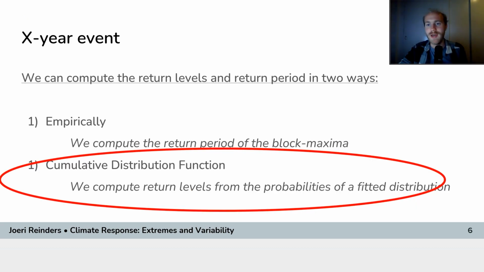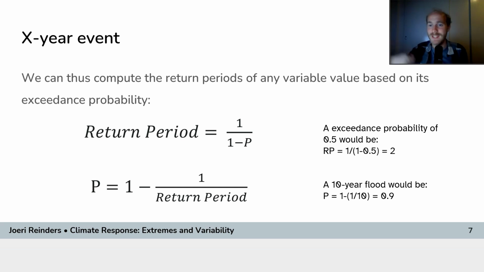We're going to do that for each of those values based on two simple formulas that we have also used for our empirical distribution. If we want to know the return period and we have an exceedance probability, then we can use the formula 1 divided by 1 minus our exceedance probability.